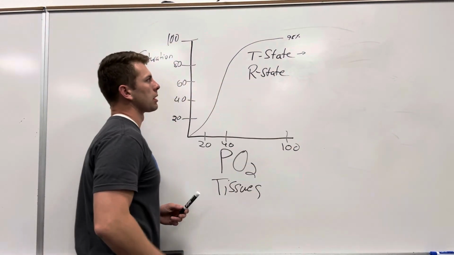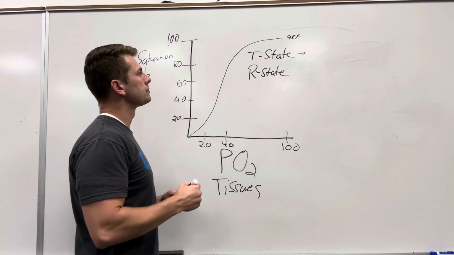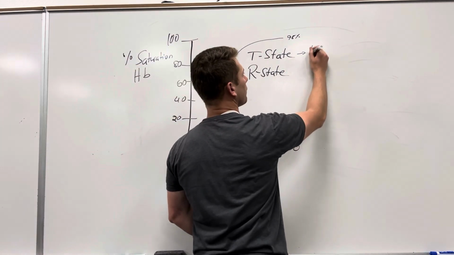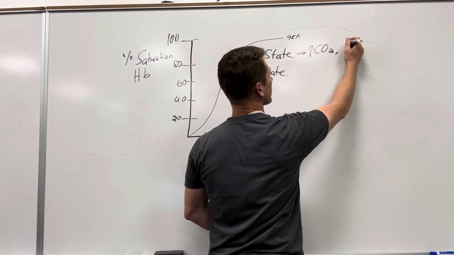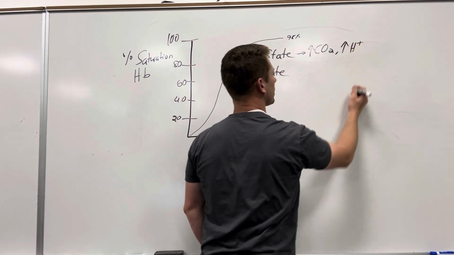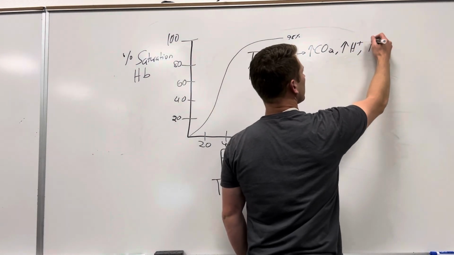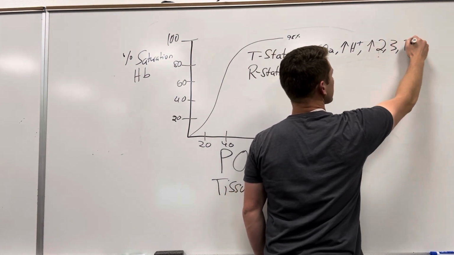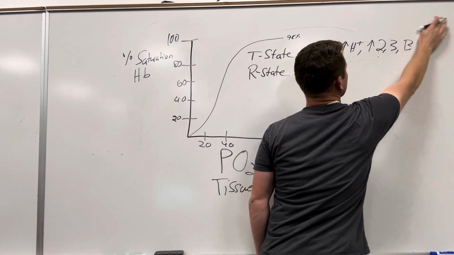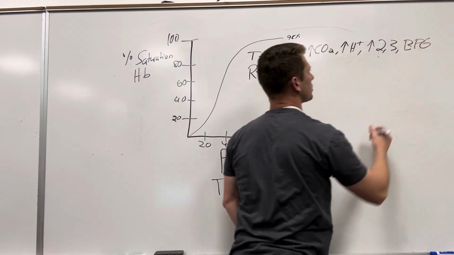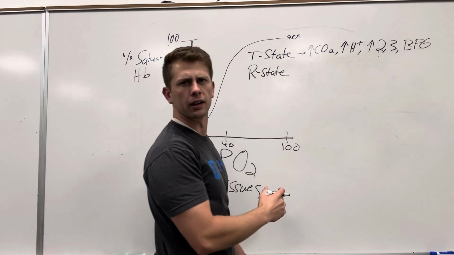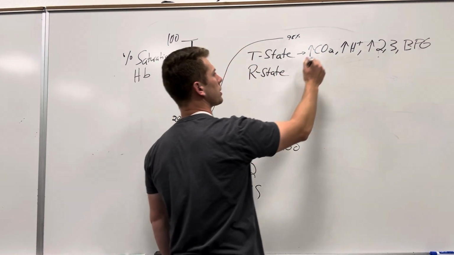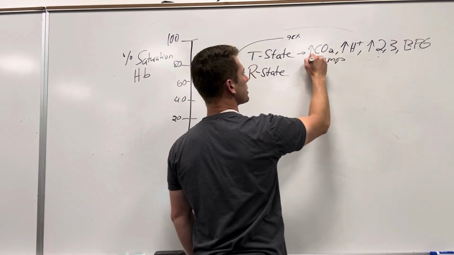Erase that. But there's a couple factors that can influence our T state. To make it in the T state and bump off those oxygens, we can have high CO2, high H+, lots of protons, high 2,3-bisphosphoglycerate, so 2,3-BPG, and then I'll write it under, there's another one, temperature, increase in temp.